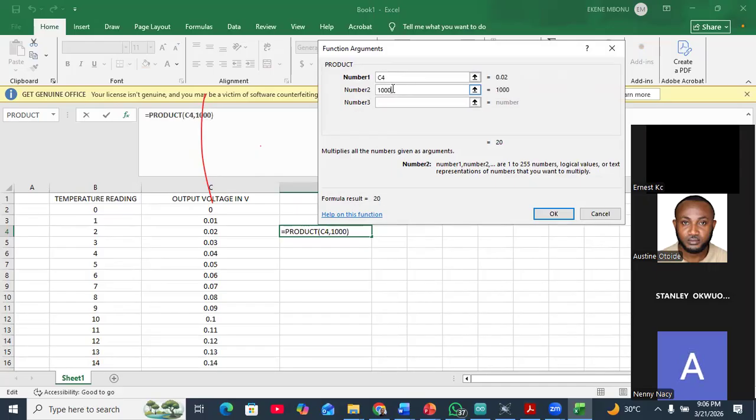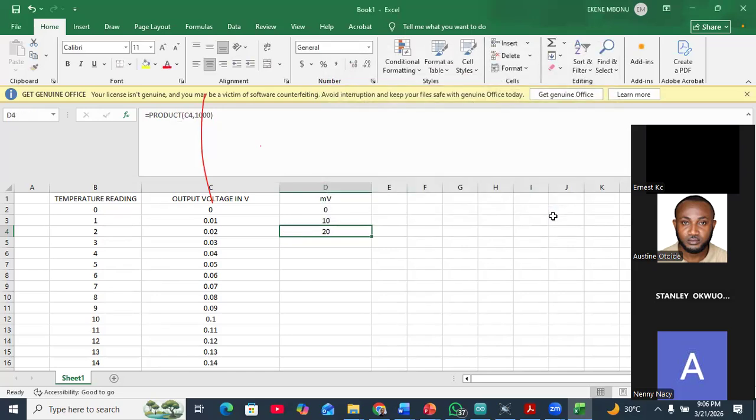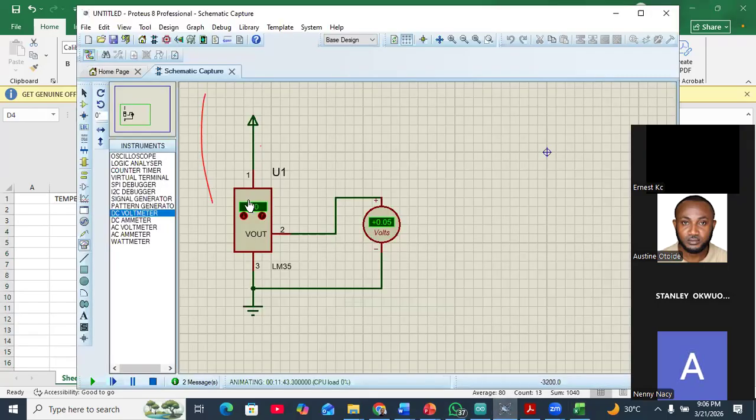Multiplied by 1,000. That's 20. And then we drag it. Are we together? Yes, sir. We're doing instrumentation now because we want to instrument this sensor so that we can program it.